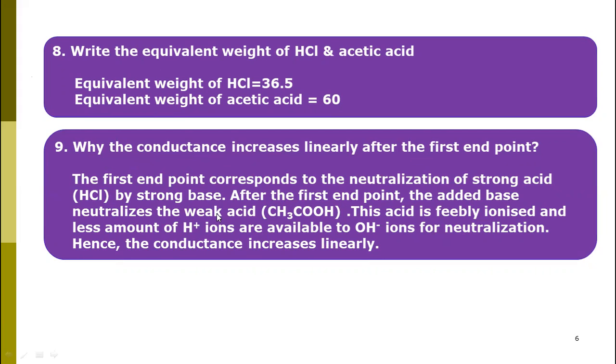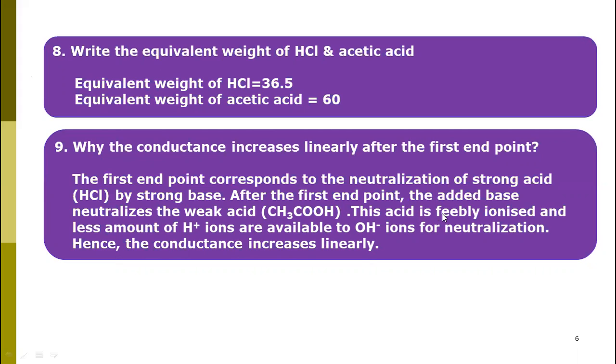The last question, why does the conductance increase linearly after the first endpoint? And this question corresponds to mixture of acids. The answer is, the first endpoint corresponds to the neutralization of strong acid by strong base. This is similar to the strong acid versus strong base titration, but we should give importance to the next endpoint. After the first endpoint, the added base begins to neutralize the weak acid, that is acetic acid.